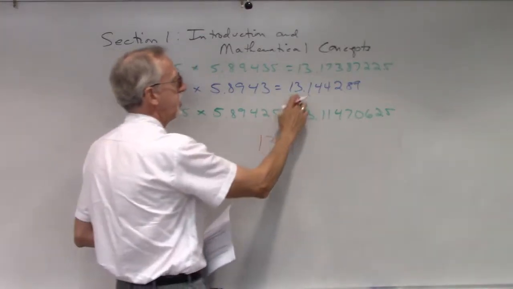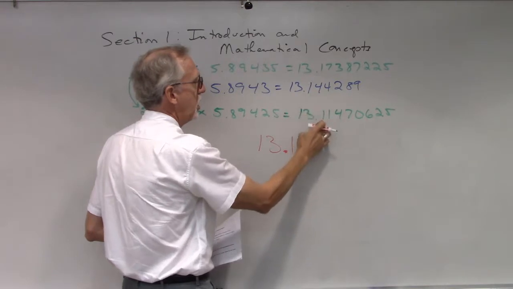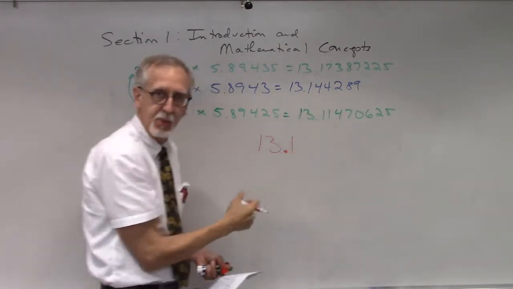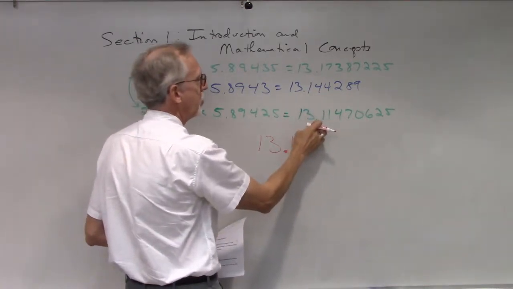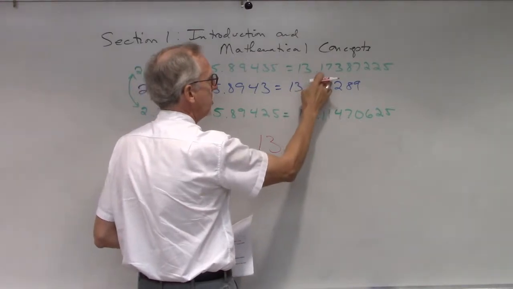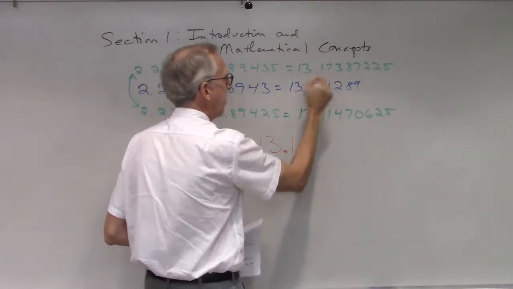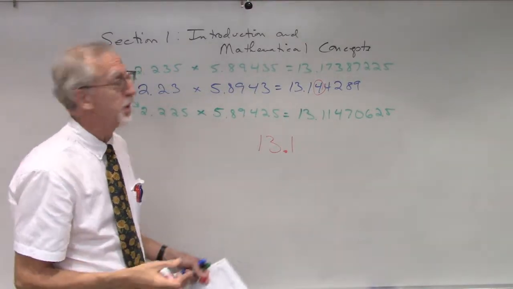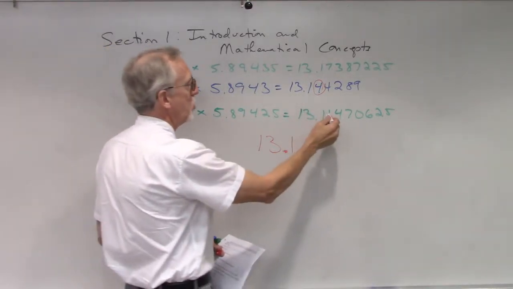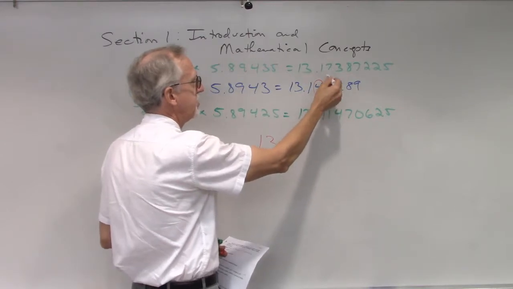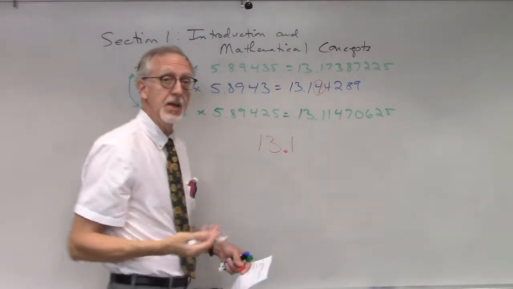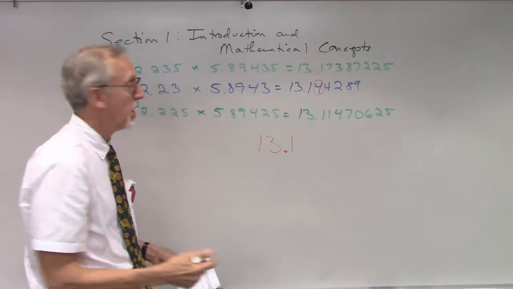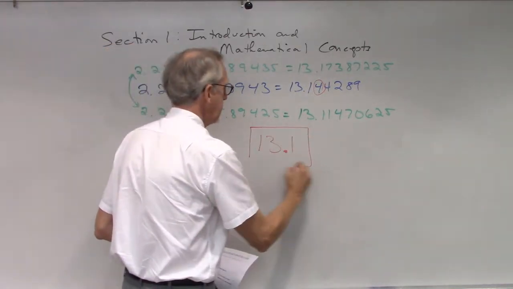Can we say 13.14? Well, all we really know is that it's probably somewhere in between 13.11 and 13.17. So is it really fair to quote that next digit, a 4? Well, no, because we really don't know. It could be maybe a 1, 2, 3, 4, 5, 6, 7. So really, we can only quote this product as 13.1.